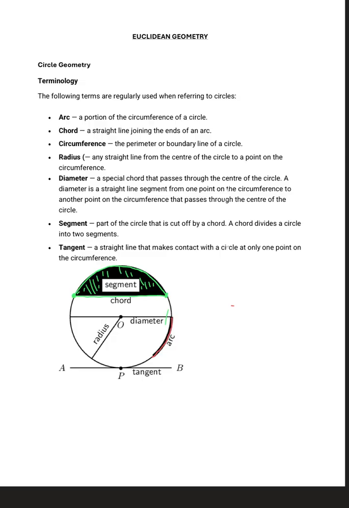And then there is one that is not mentioned here, which I will mention for you, is what we call a sector. This is a sector. You can think of a sector as sort of a pizza slice. A sector is formed by what?